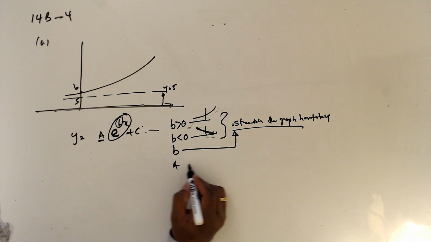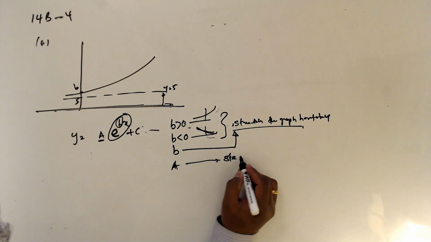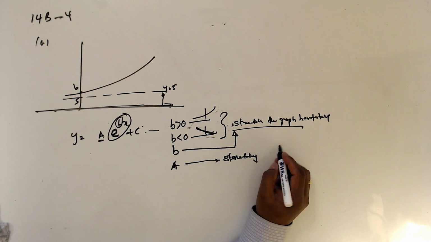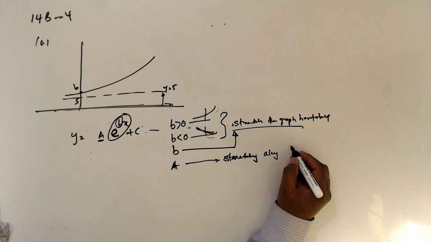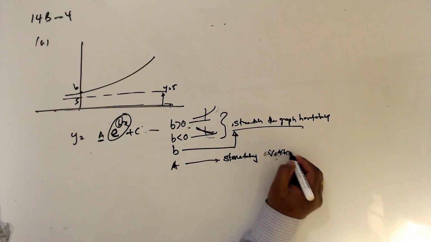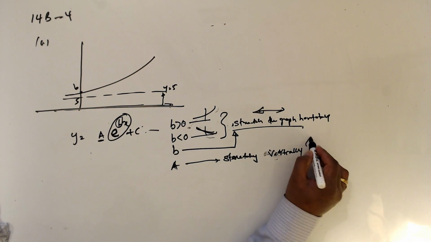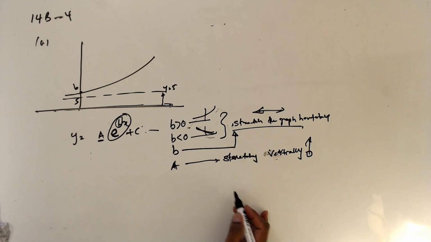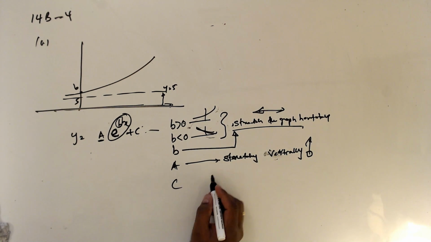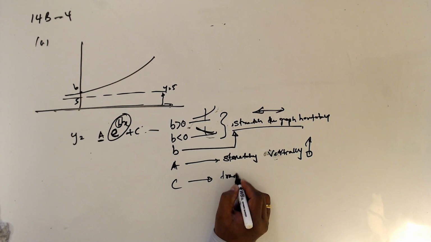Then what is the task of a? The task of a is stretching again, stretching vertically. So this is for horizontally, this is vertically. Then what is the task of c? Translation.